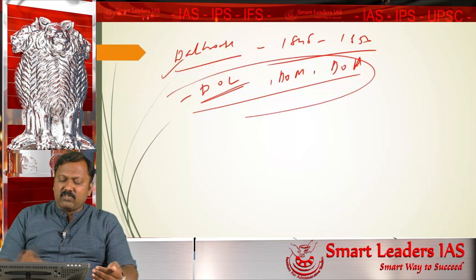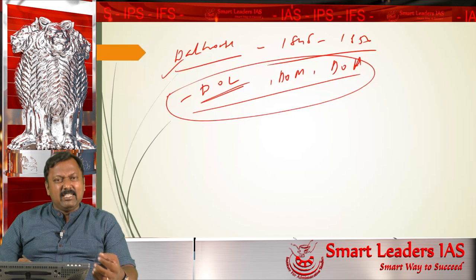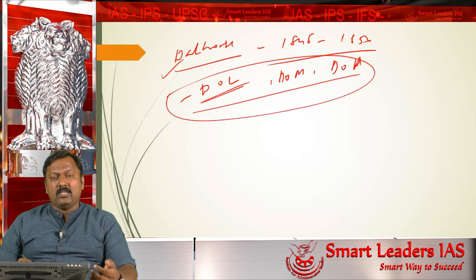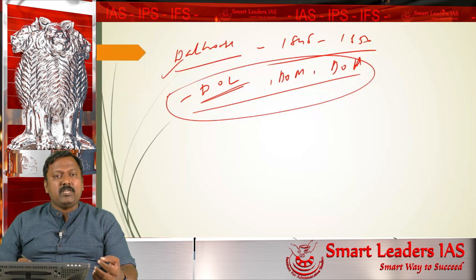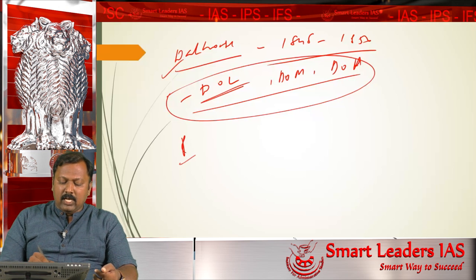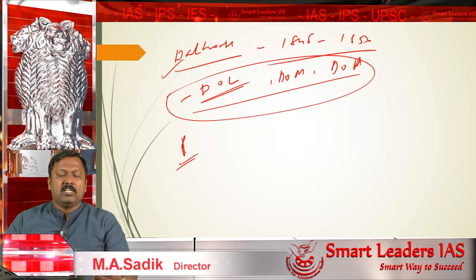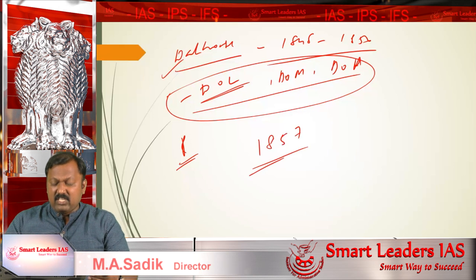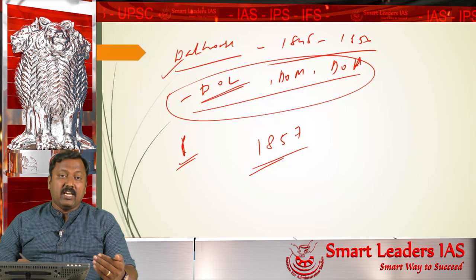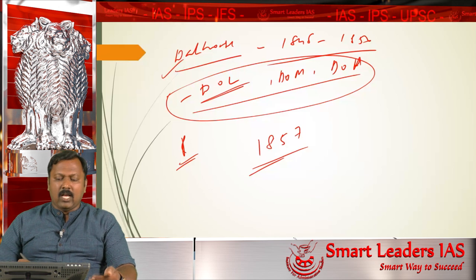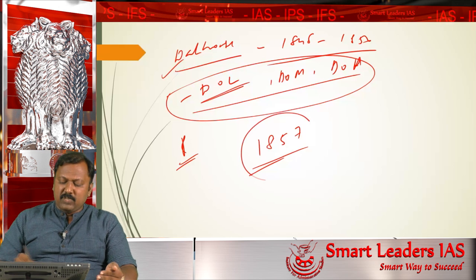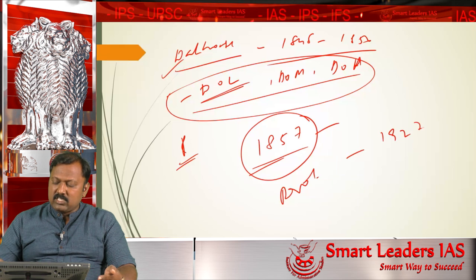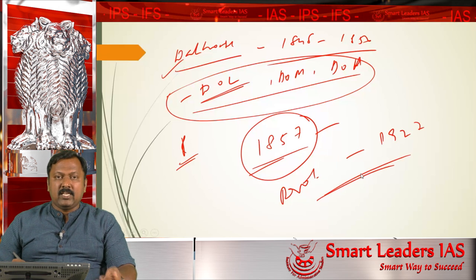The policies of Dalhousie created friction amongst the Indians, and he not only annexed politically but also interfered in the affairs of religion, and all this culminated in the process which happened in the year 1857. 1857 is a very important year in history, and in the next class I am going to speak from the 1857 revolt to 1927.